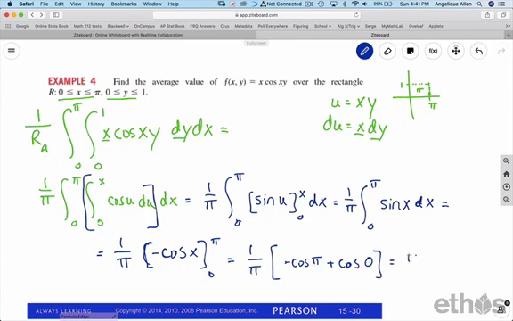So we've got 1 over pi times, cosine of pi is negative 1 times negative is 1, plus cosine of 0 is 1, so we've got 2 times 1 over pi, which is 2 over pi. So the average value of this function over this rectangle is 2 divided by pi.